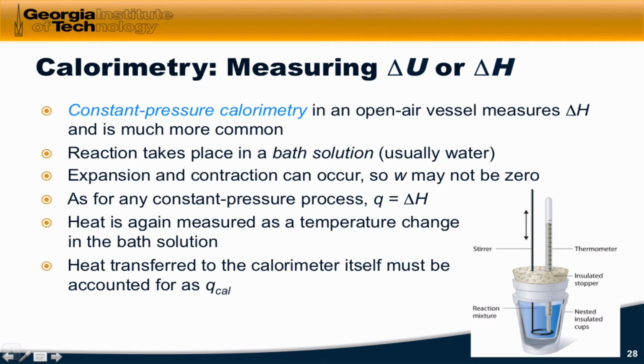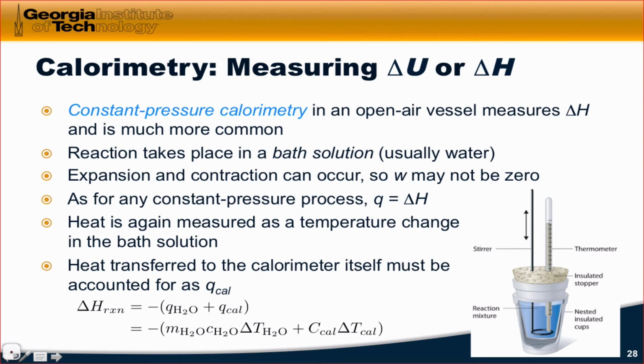Using something like a coffee cup, which is not a very well-insulated vessel, we need to account for heat that's transferred to the calorimeter itself. And so instead of just accounting for the heat of the bath solution, I'm actually going to add another term in here, Q sub cal, heat transferred to the calorimeter walls. We can expand the heat for the bath solution the same way we did on the previous slide and write the mass of the bath solution times its specific heat times the temperature change.